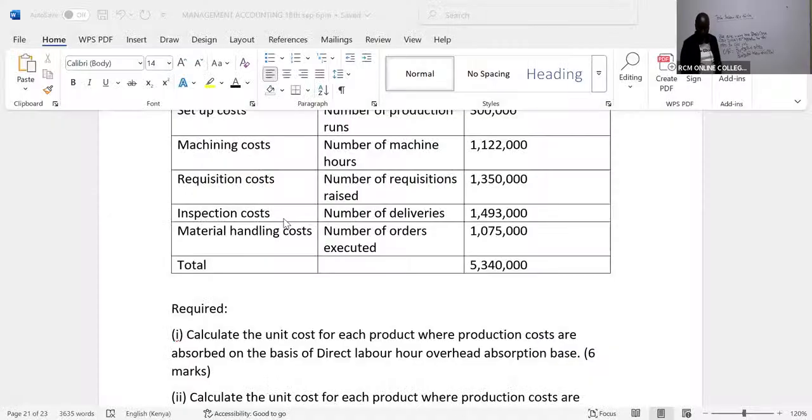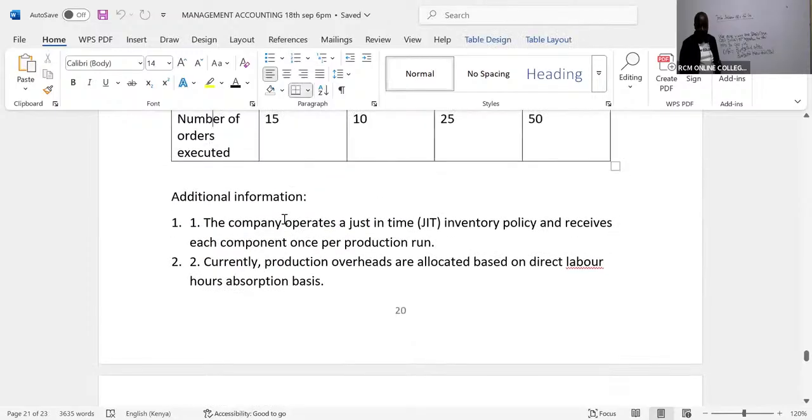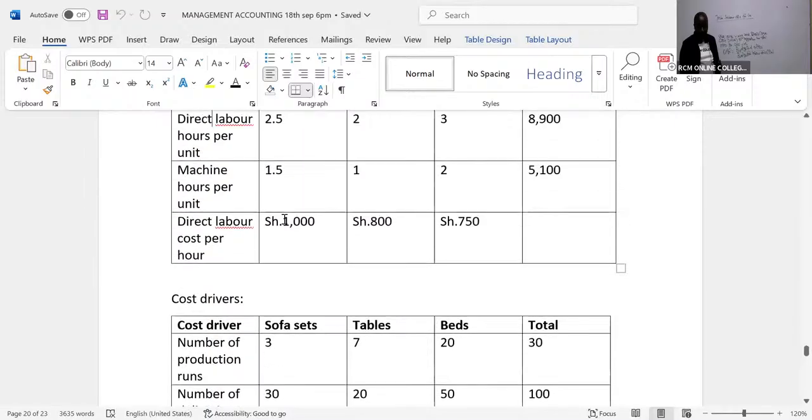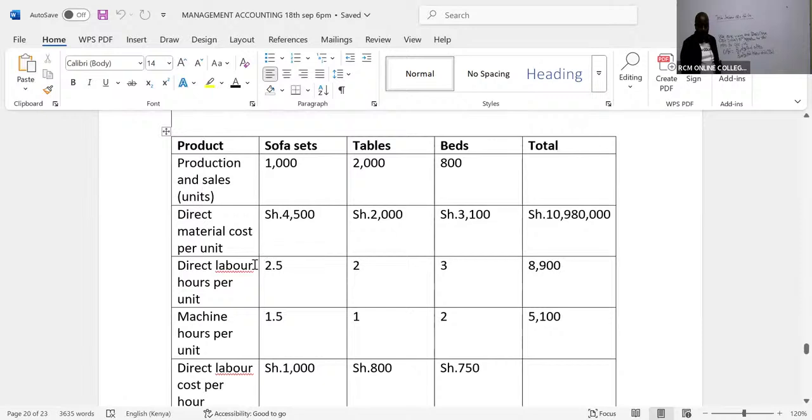Now, ladies and gentlemen, there is a great place they have given us here, the labor hours. Yeah, here. So you can see direct labor hours per unit. We have direct labor hours per unit, but I'm interested in the total. So if I want to get total, what should I do?